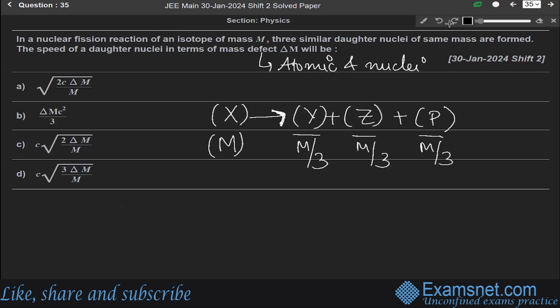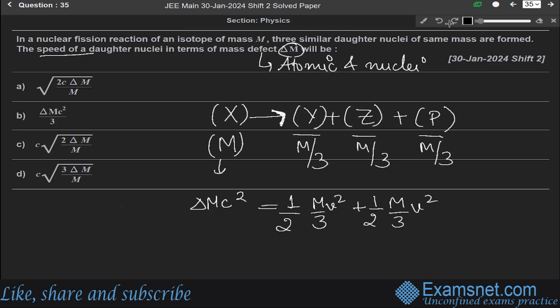We have to find the speed of the daughter nuclei in terms of delta m, the mass defect. So delta m c square is equal to half m v square, that is, half M by 3 v square plus half M by 3 v square plus half M by 3 v square.